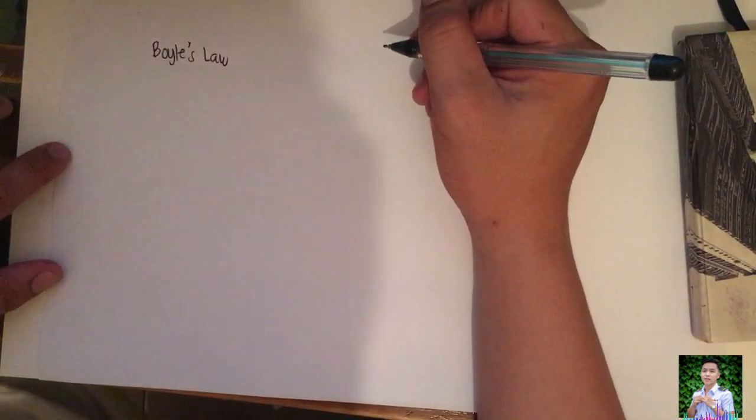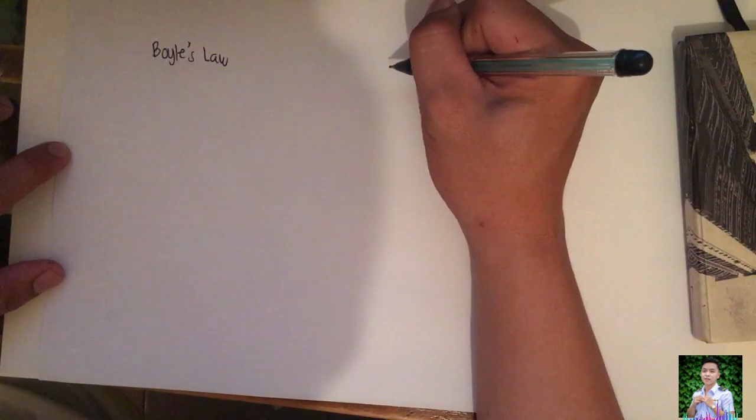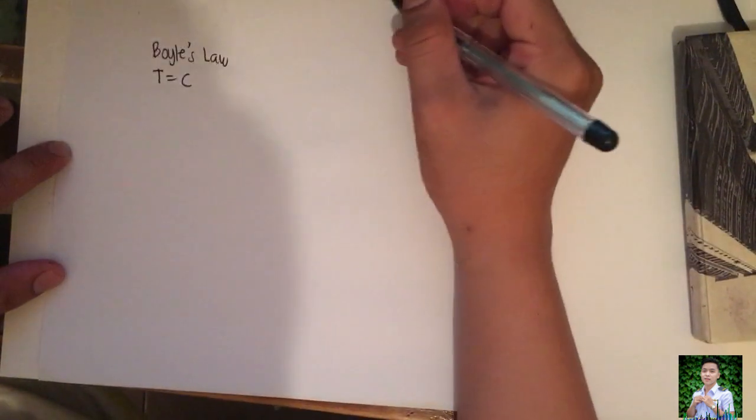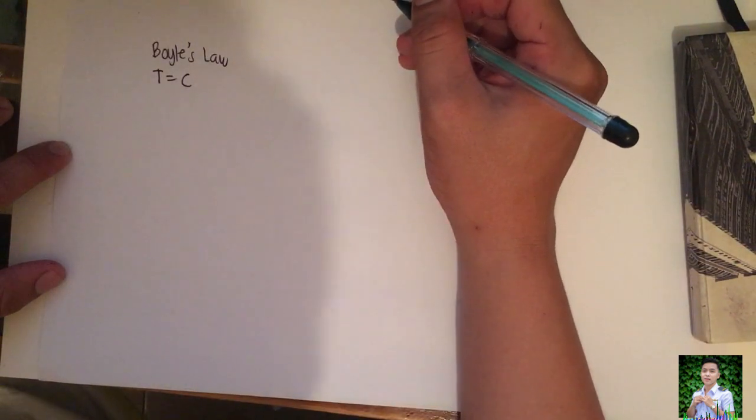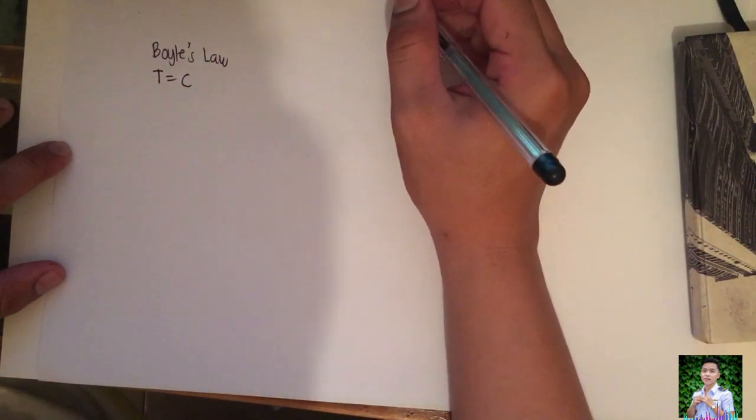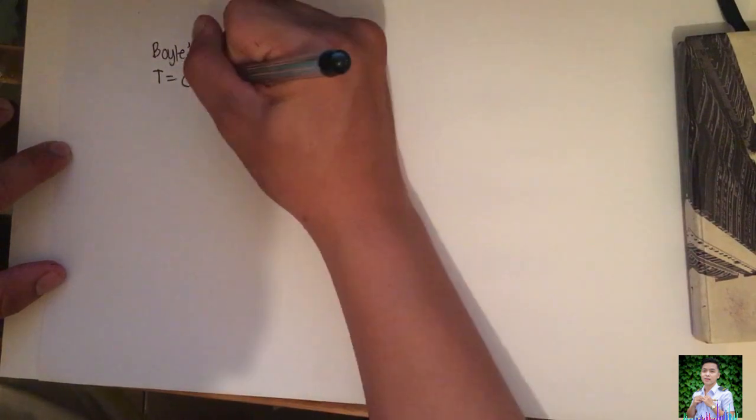Karon, mubalik ta sa derivation of the equation. Firstly, we should consider the Boyle's law. According to Boyle's law, the temperature is constant. So T is equal to C. It means that T1 is equal to TA.